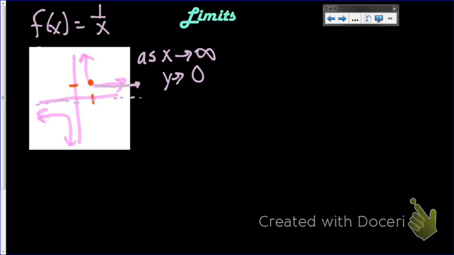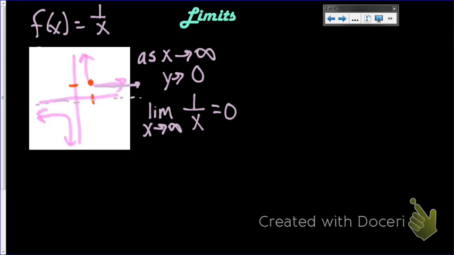Now what we're going to do is rewrite that as a limit. So what this actually means is the limit on this graph as x approaches infinity. So as my x's approach infinity, on the function 1 over x, which is the function I have, that limit is 0. So as my x's get bigger and bigger and bigger, my y values approach 0.